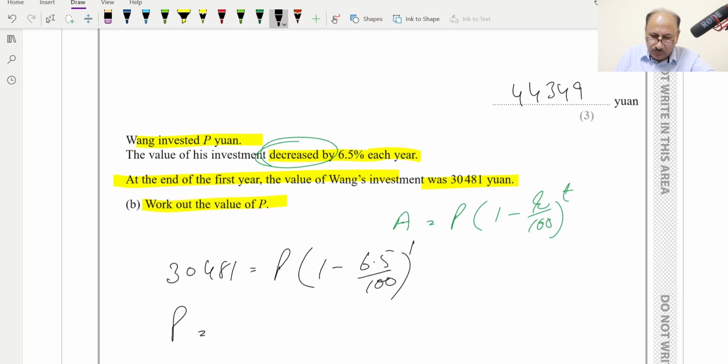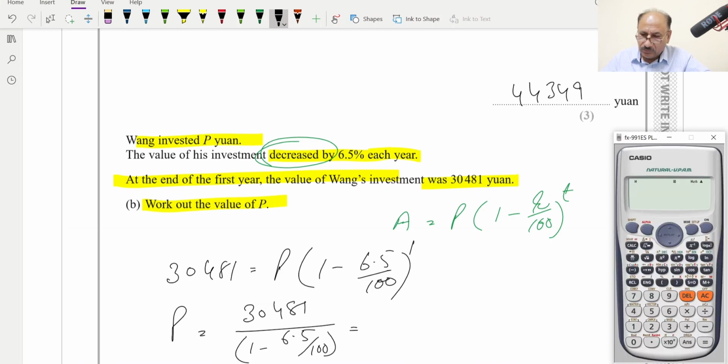P will be equal to 30481, and this will be divided by this whole term. We can write this one over here, and calculator will be solving this.